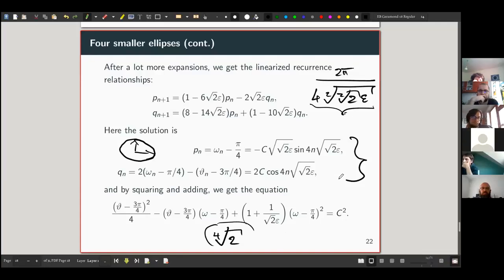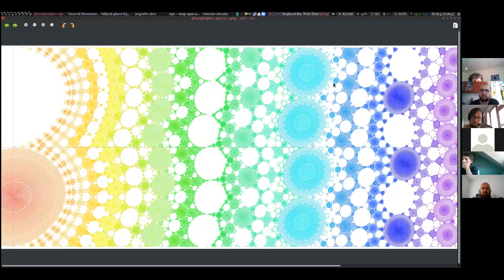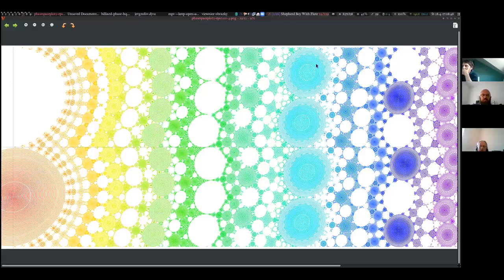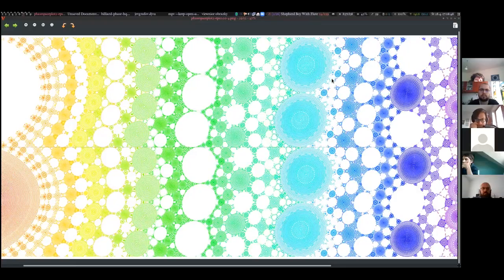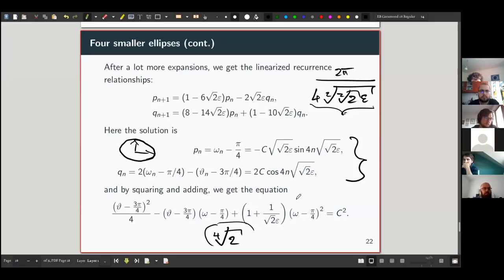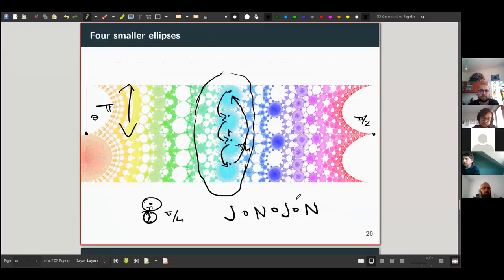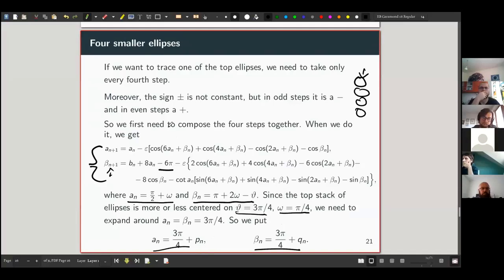So in this way, we have obtained the equations for this stack of ellipses that is on top in here. And it also works quite nicely when we compare it with the numerical computations. But it's obvious that this process cannot really be brought farther, because we need to chain more and more of these, and the relations would get messier and messier.